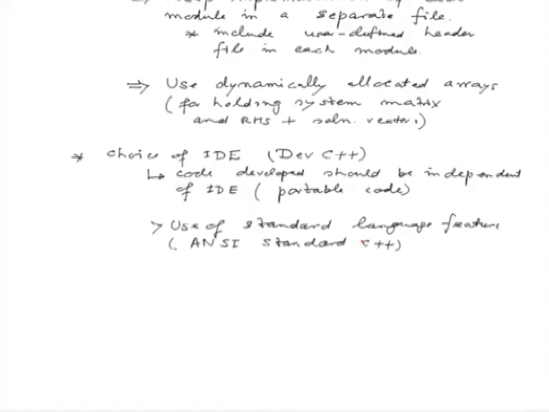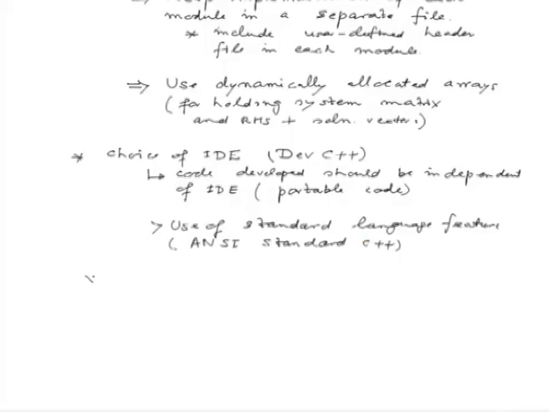For the sake of simplicity, I have chosen C++, but this code could be slightly modified to work entirely with the C compiler. We are not using any object oriented feature. Our code is entirely procedural. So, code is procedural.